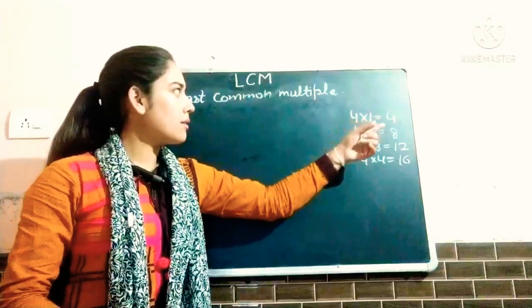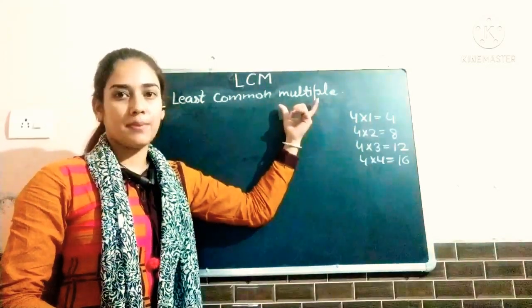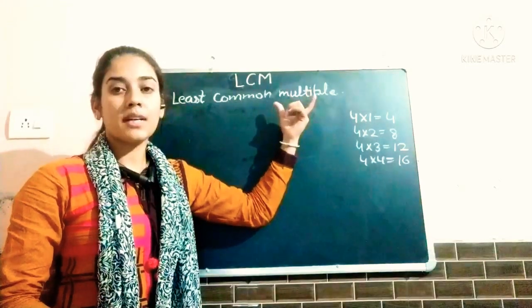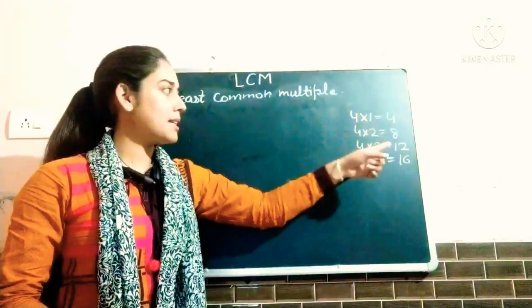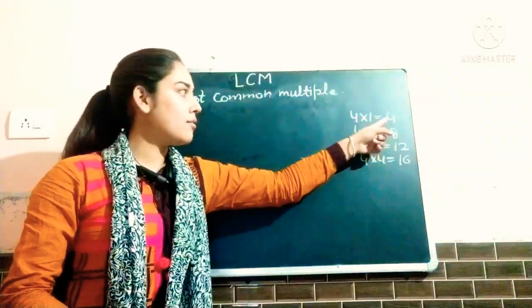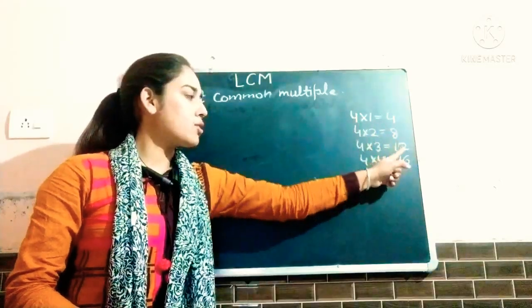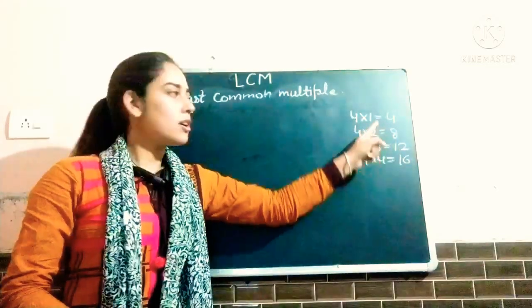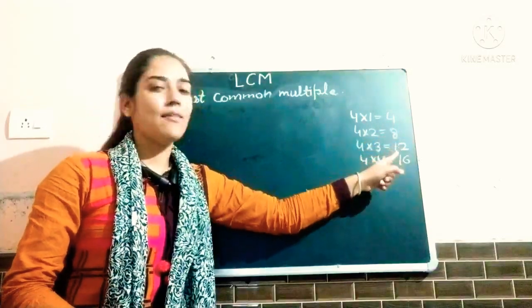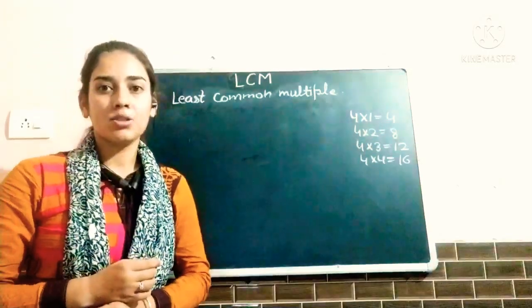We are discussing here the word multiple. So what is the meaning of multiple? If we write a table, then we get 4 ones are 4, 4 twos are 8, 4 threes are 12, 4 fours are 16. So it means 4, 8, 12 and 16. These are multiples of 4.